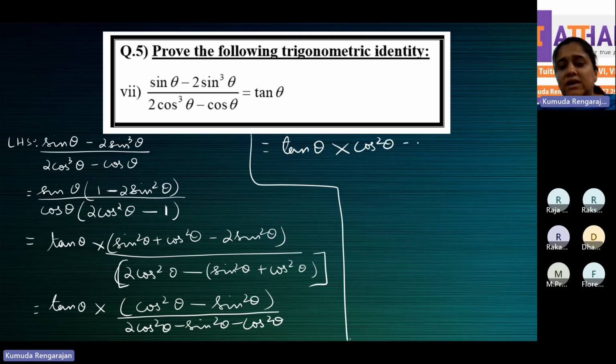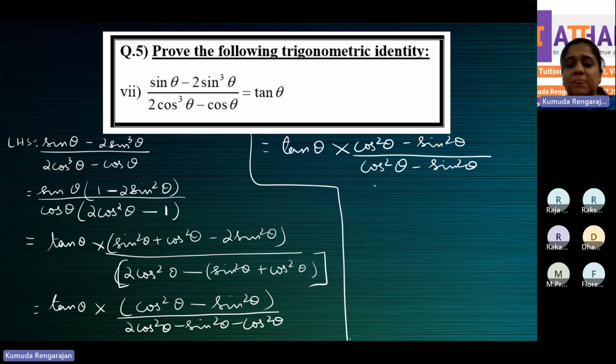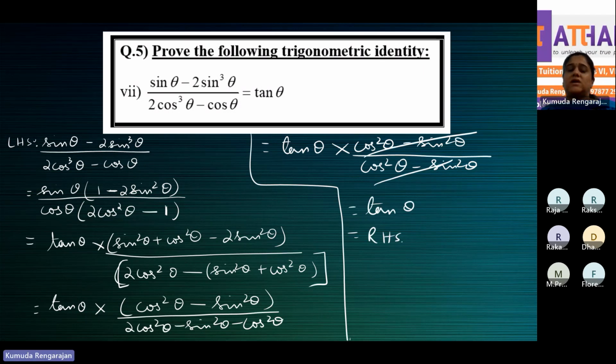Write it as it is, by 2 cos square theta minus cos square theta, like 2a minus a, that is cos square theta minus sin square theta. So see here, they are the same. So they get cancelled, and we get tan theta, which is the RHS.